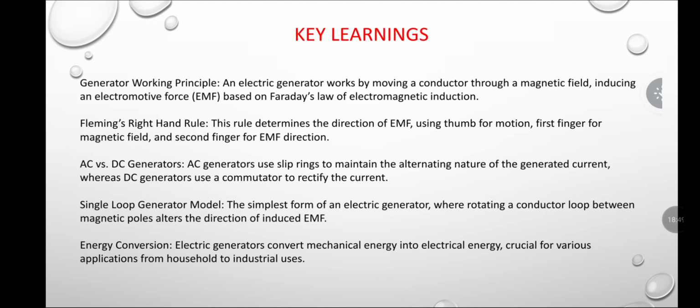Single loop generator model: the simplest form of electric generator, where rotating a conductor loop between the magnetic poles alters the direction of induced EMF. Energy conversion: an electric generator converts mechanical energy into electrical energy, crucial for various applications from household to industrial uses.